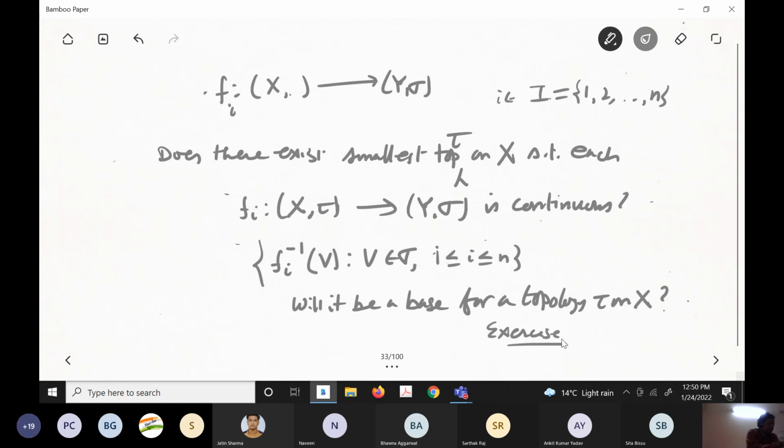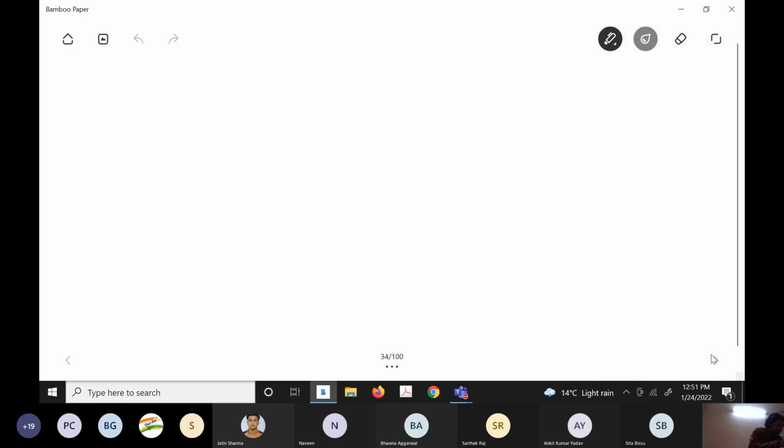Because if you take each sigma, this is the thing. I can modify this question a little bit this way. Look what I can modify.